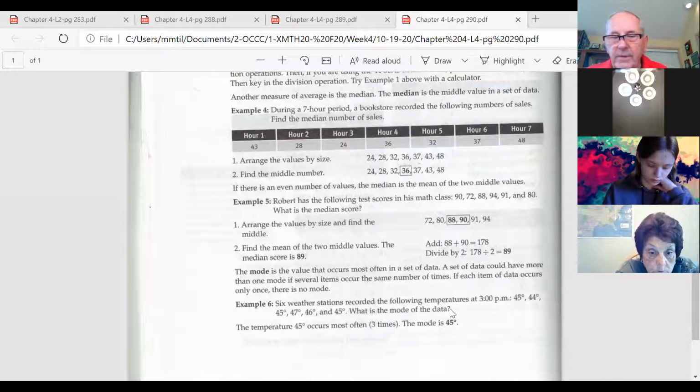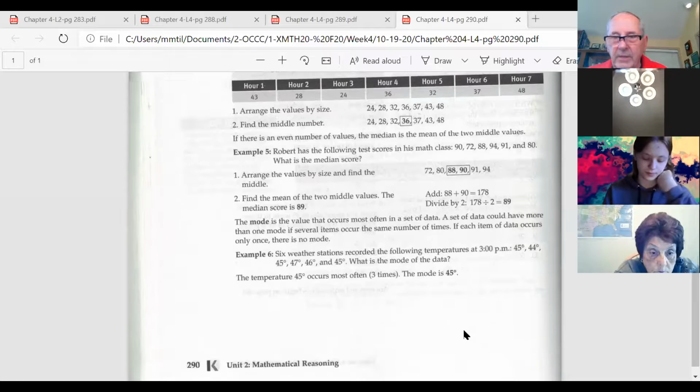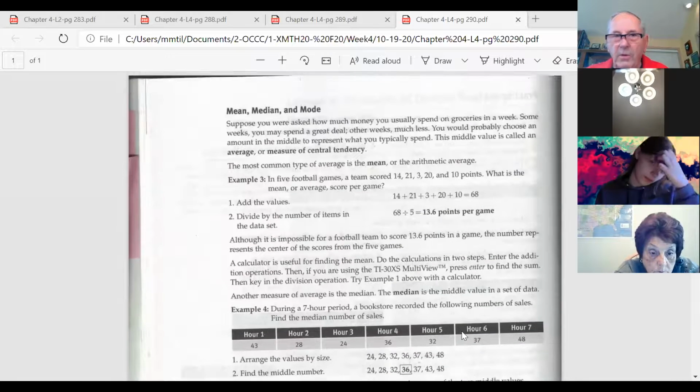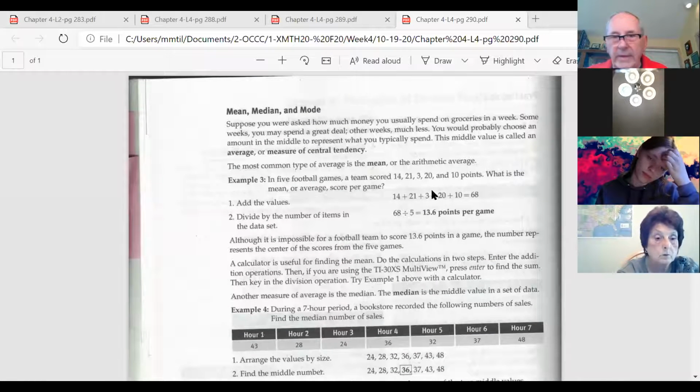If another set of data points had 2 that were the same, that would be another mode. So you could have 1 mode, 2 modes, 3 modes, or no modes. That makes sense? It's all to do with mean, median, and mode. That's the basics.